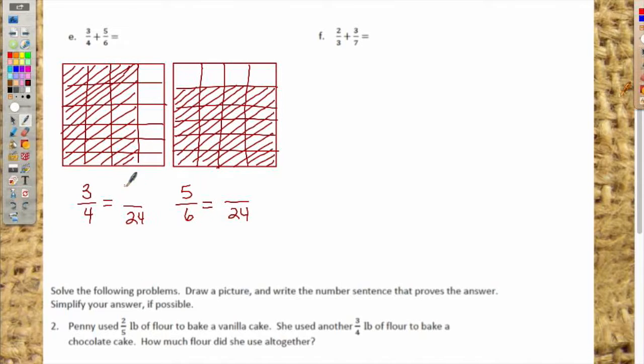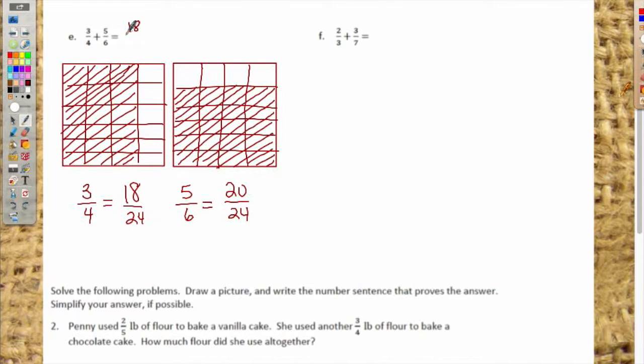What is that? 18. Are you listening? 3 groups of 6. Yeah, 6 times 3. Okay. And on this one, I have 5 groups of 4. 20. So I know right away this is going to be a pretty large number.